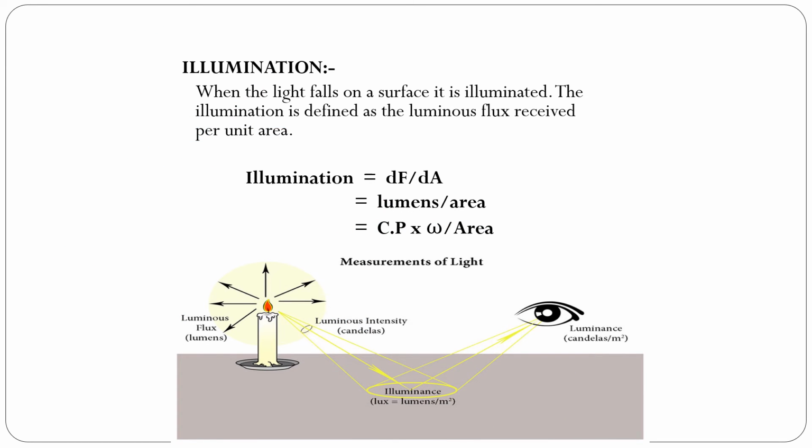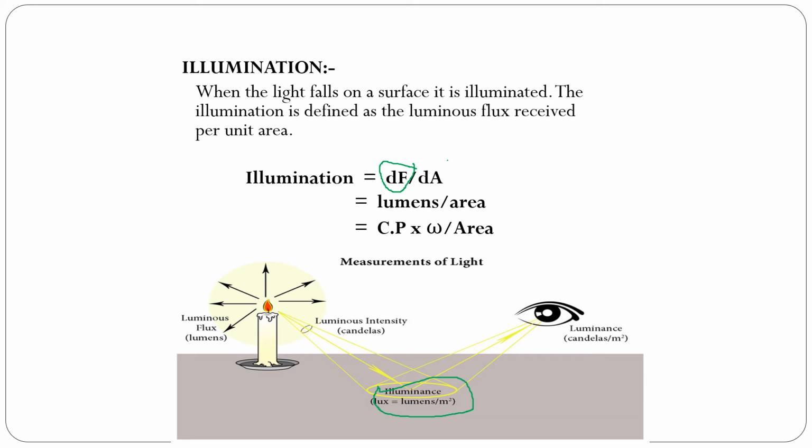So now we come to the point finally, illumination. When light falls on a surface, it is illuminated. So illumination is defined as the luminous flux received per unit area. So here is the example. We can say illumination per square area. So finally, illumination is equal to what?